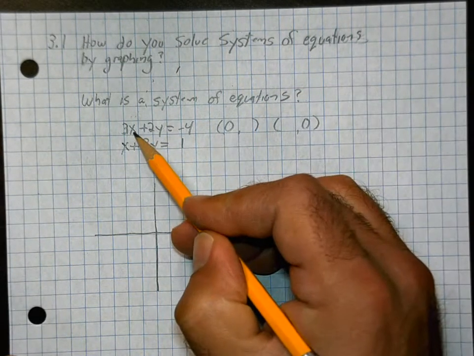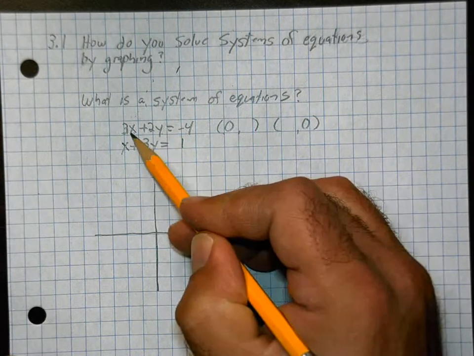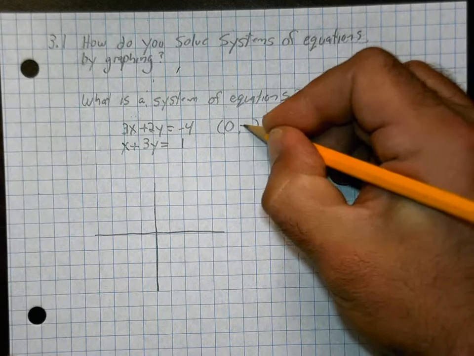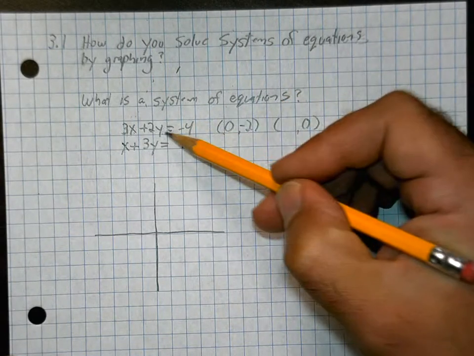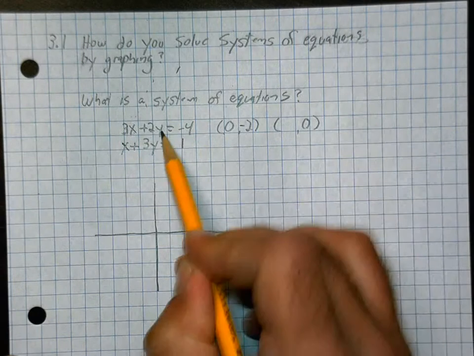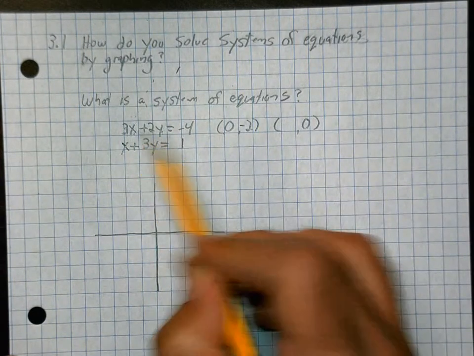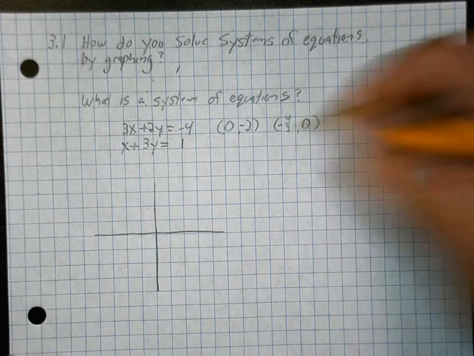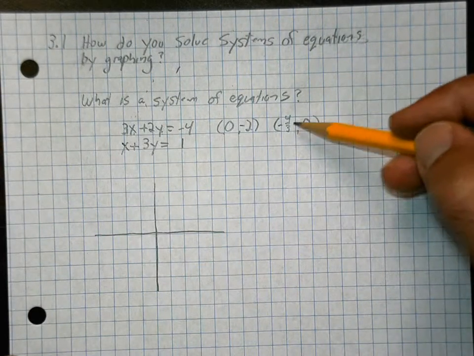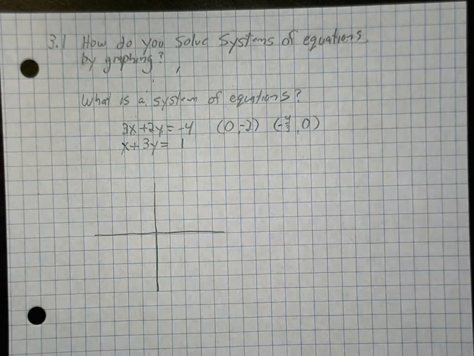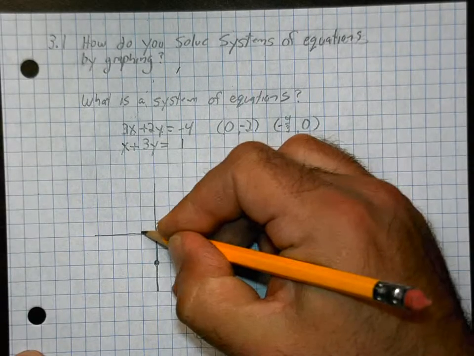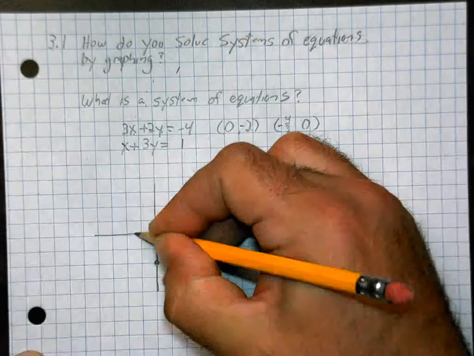If I plug 0 in for x and solve for y, 2 times negative 2 is negative 4, so that's 0, negative 2. If I plug in 0 for y, I get 3x equals negative 4. Divide by 3, I get negative 4/3, which is a fraction, a little bit more difficult to graph, but we can do it. So let's graph that line: 0, negative 2, and negative 4/3, 0. That's negative 1 1/3.